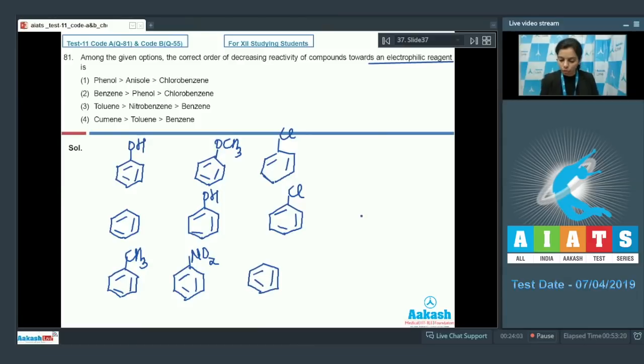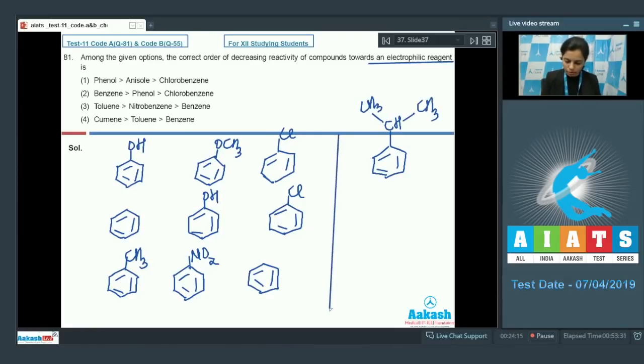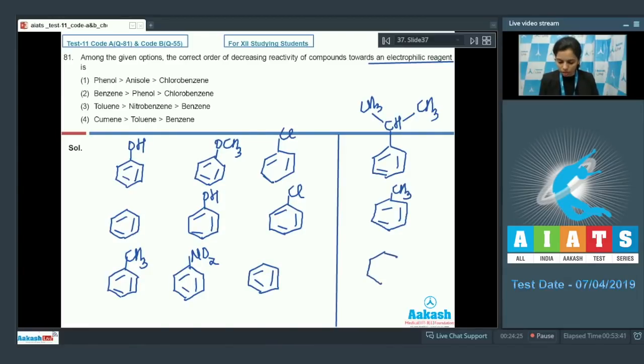And in the fourth option we have cumene. I'm just drawing here the structure of cumene this way. This is cumene. After cumene, the next one is toluene, you know that. And then there's a turn for benzene.